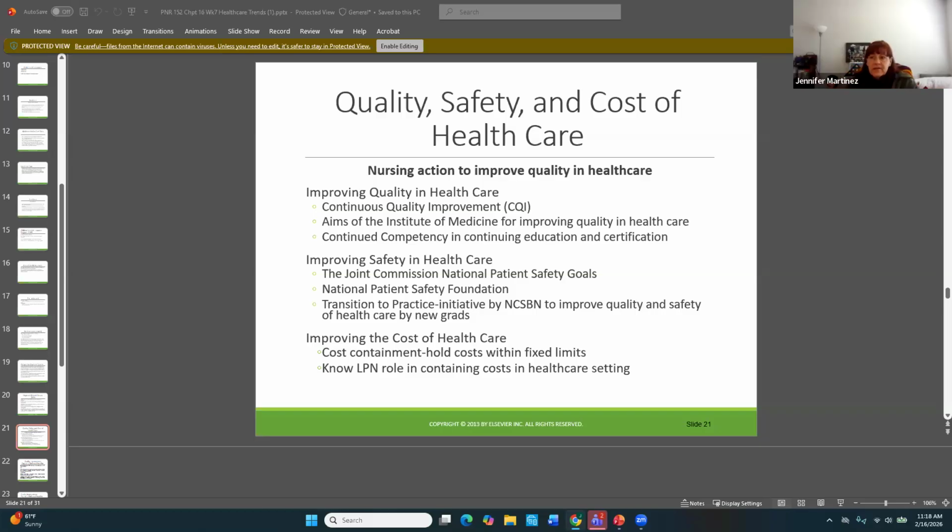Improving safety in healthcare. One of the big ones is the Joint Commission National Patient Safety Goals. If you have not looked at those, I suggest you look at those. The National Patient Safety Goals are listed for all areas of healthcare. So you'll see some for long-term care, for hospitals, for ambulatory clinics.